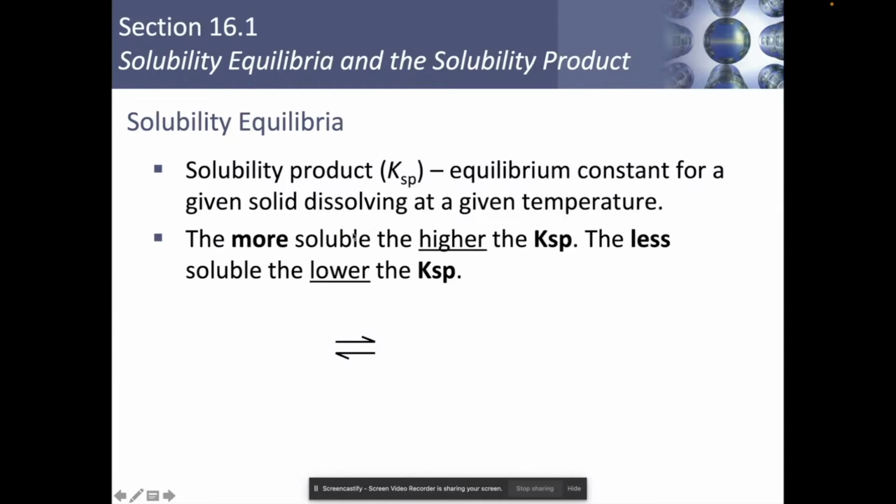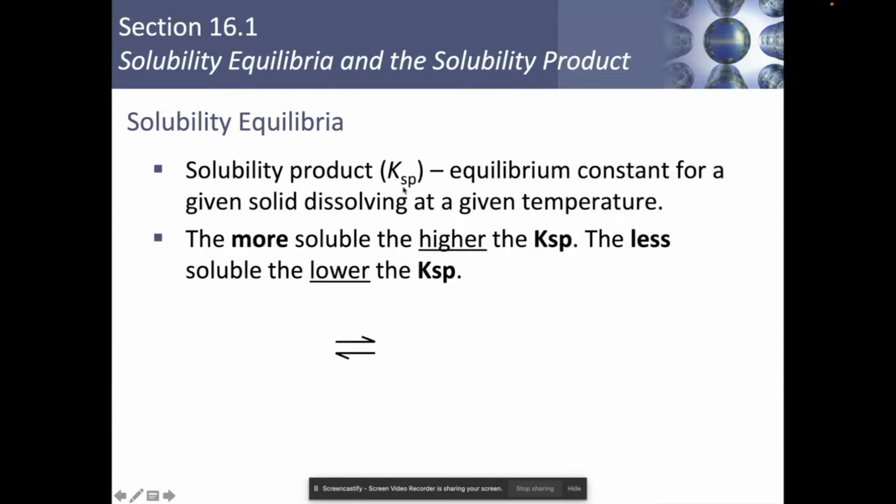The thing that you need to know about it is that the more soluble something is, the higher the Ksp value is. The less soluble, the lower the Ksp value is. So when we talked about solubility rules and what dissolves and why, technically everything has some Ksp value.